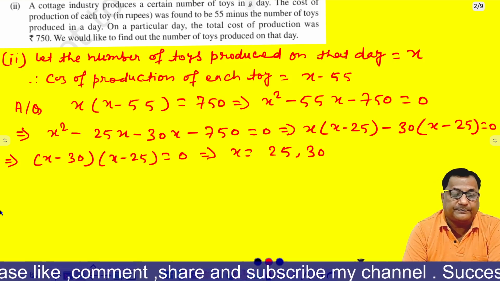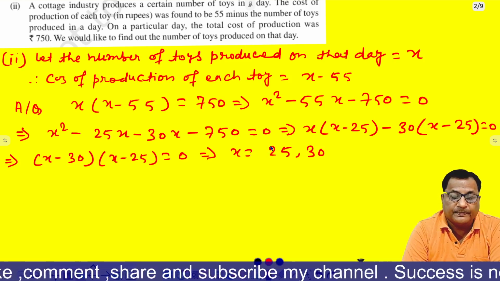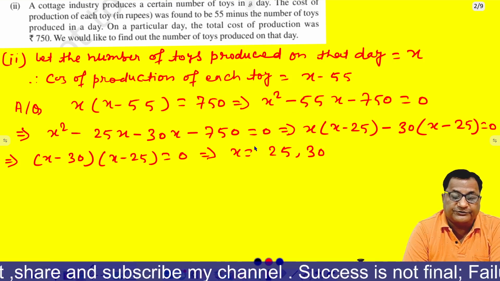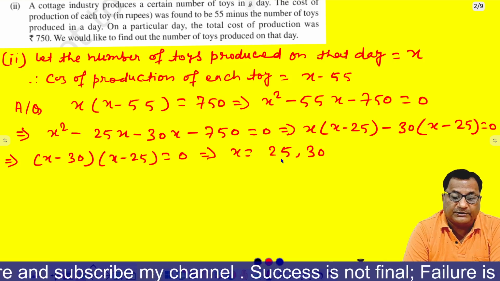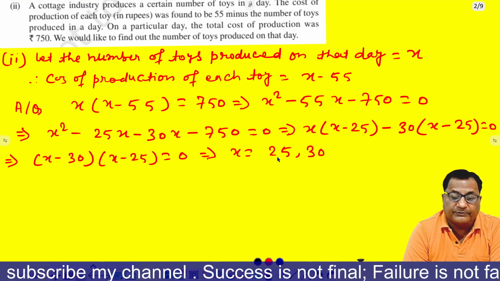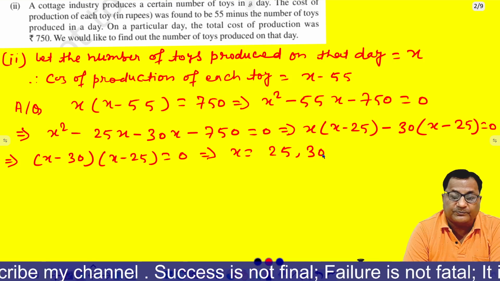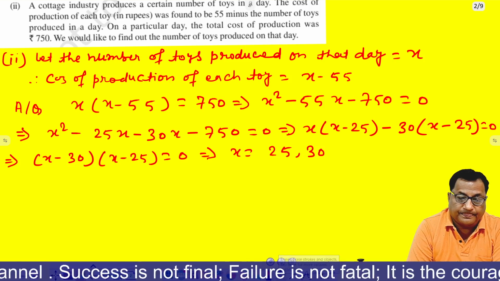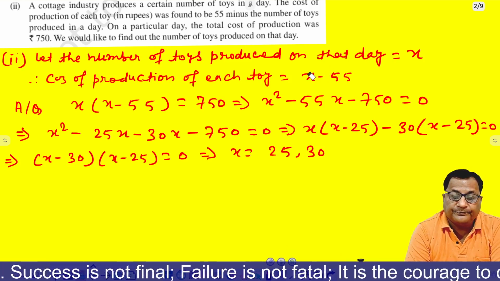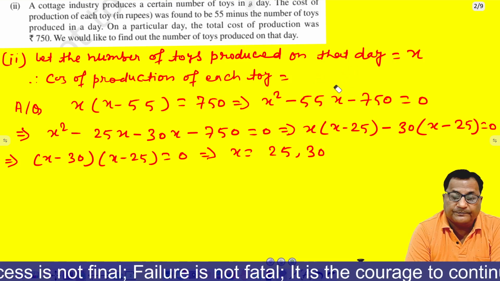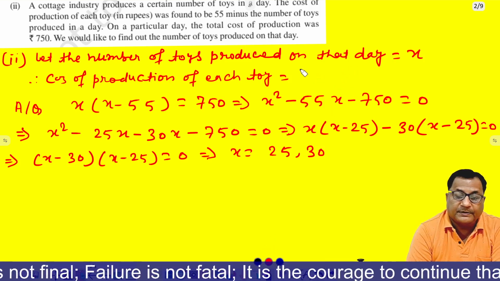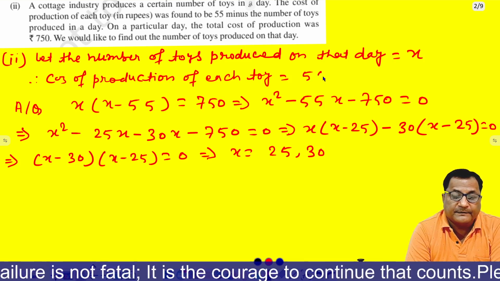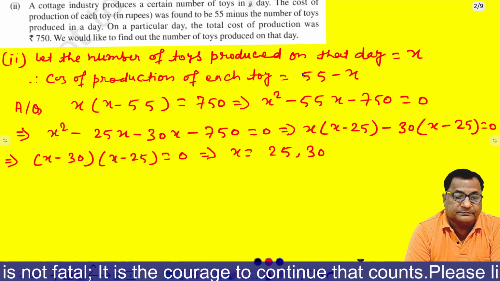Here, if we suppose this, then we cannot subtract 55 from this, so here it should be 55 minus x.